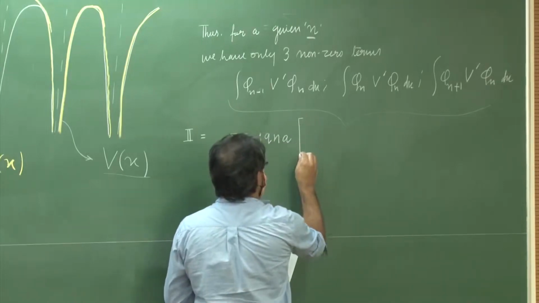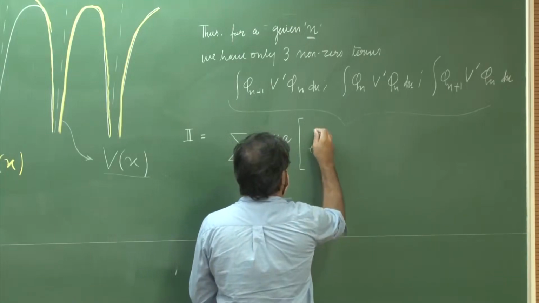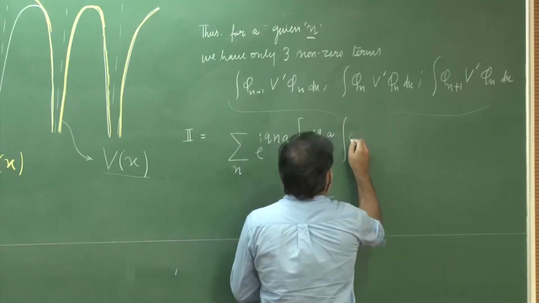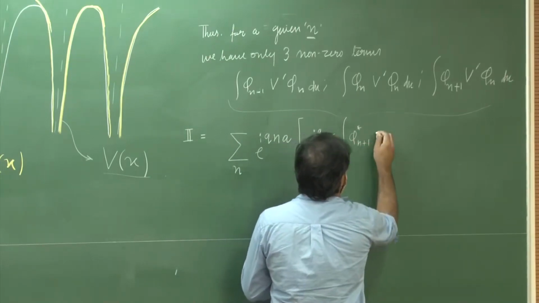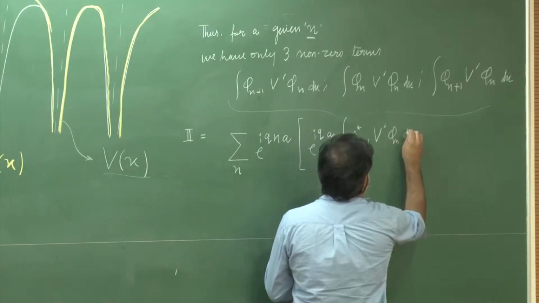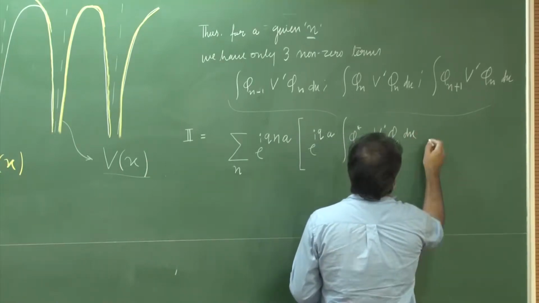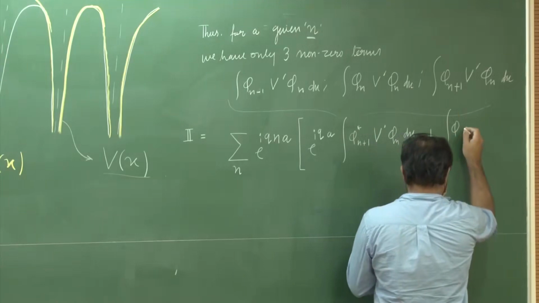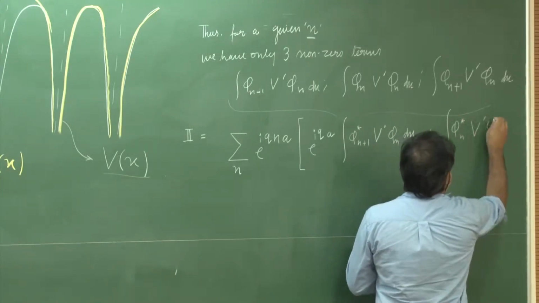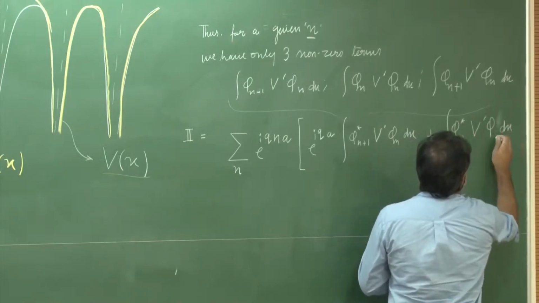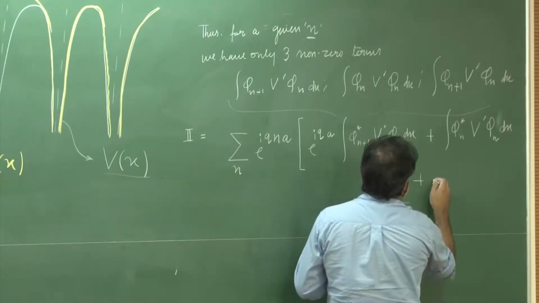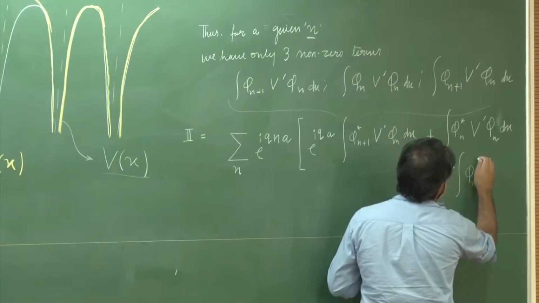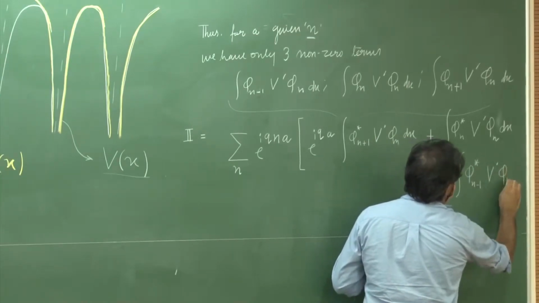And then inside this, you have e to the power iqa, integral phi star n plus 1 v prime phi n dx, plus integral phi star n v prime phi n dx, plus exponential minus iqa, integral phi n minus 1 star v prime phi n dx.